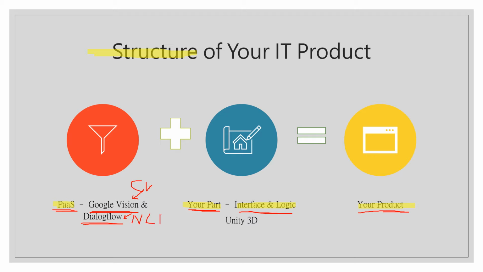Okay. So there are lots of ready to use library APIs, and then you can call them, and give your product the ability of object recognition, the ability of a chatbot, by calling the API. Okay, so what's your job? You are going to work based on the needs of your solution.